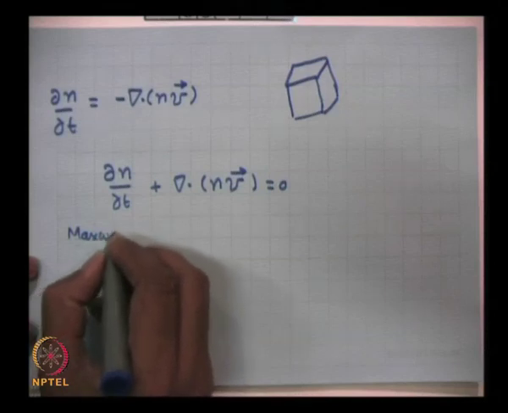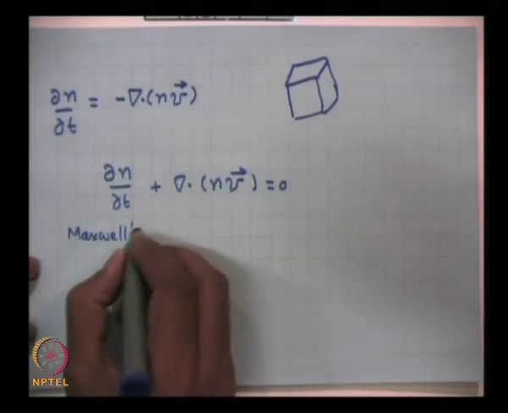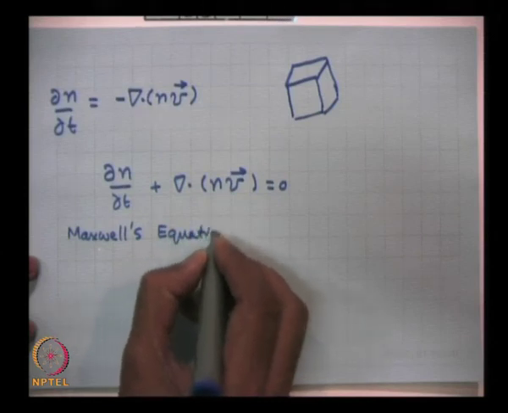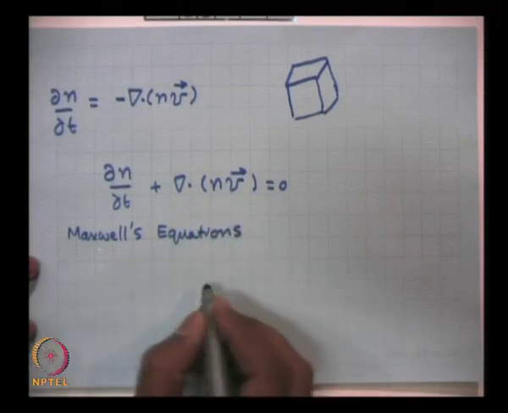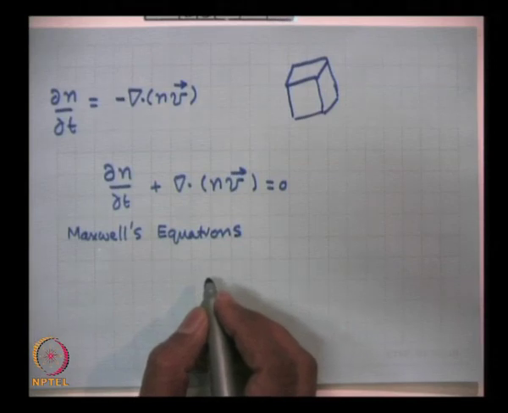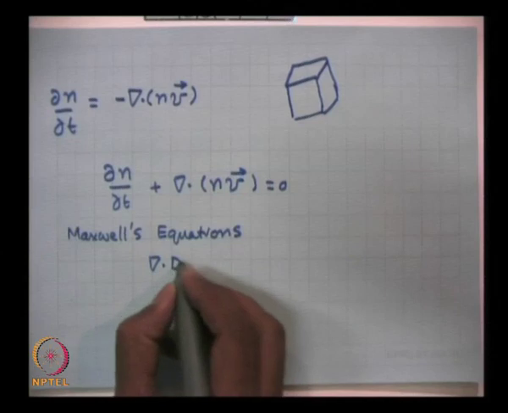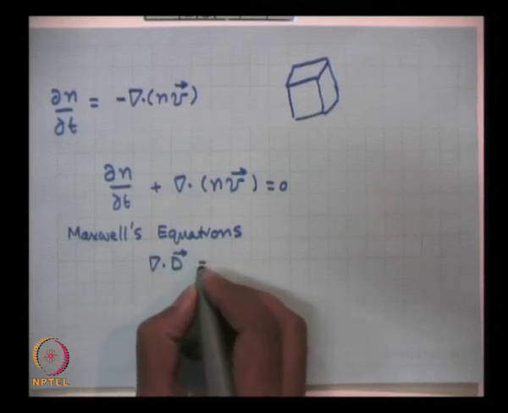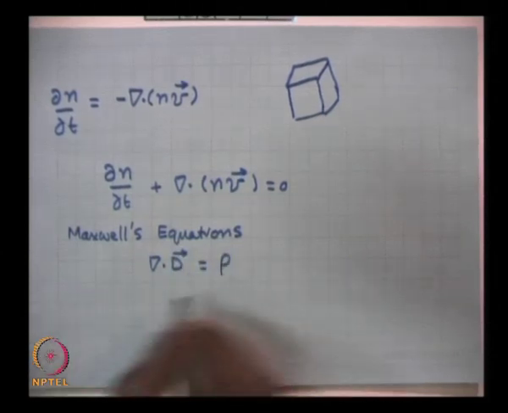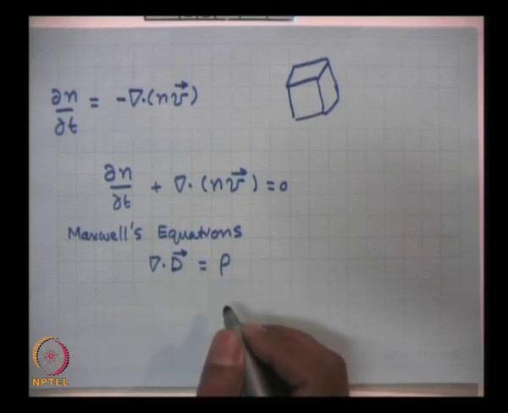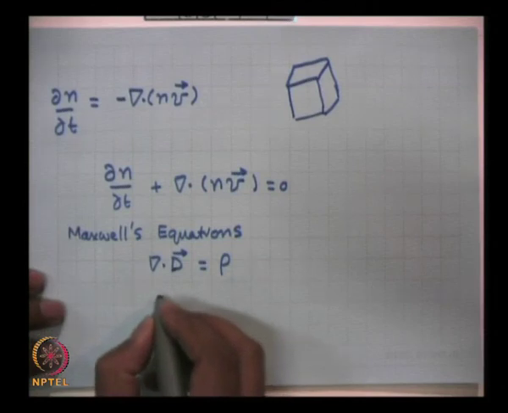I am going to just briefly mention Maxwell's equations. The first equation is known as divergence of D is equal to rho. Now, D is related to the electric field through this relation.